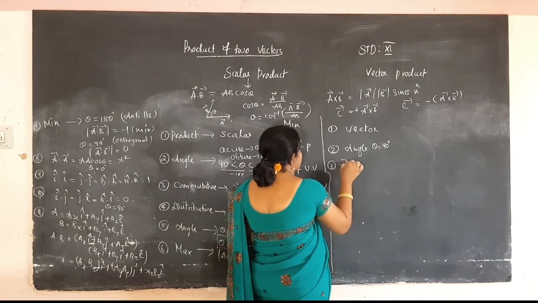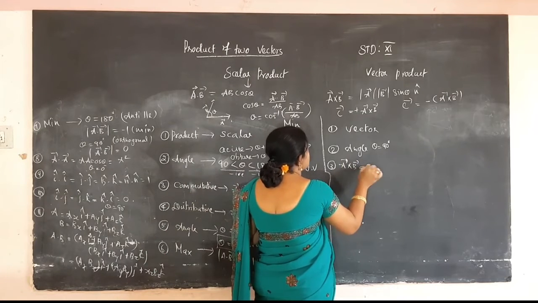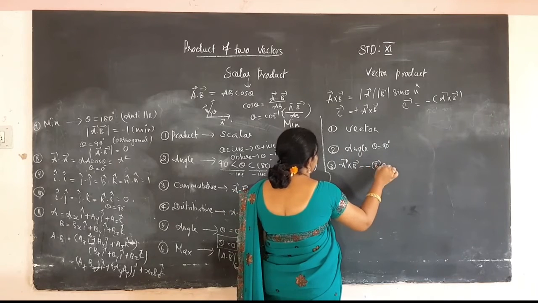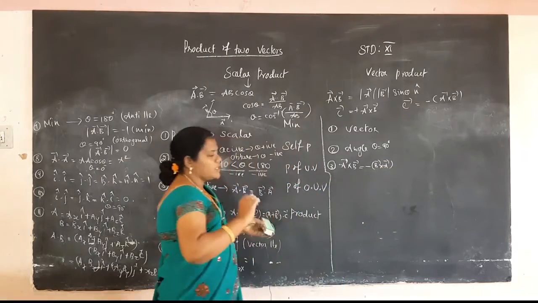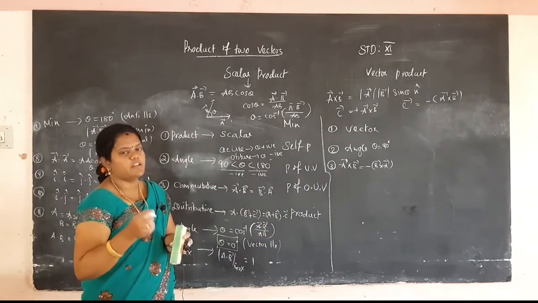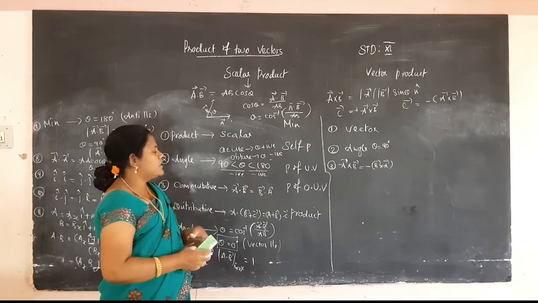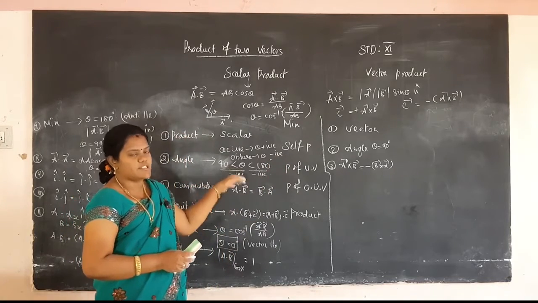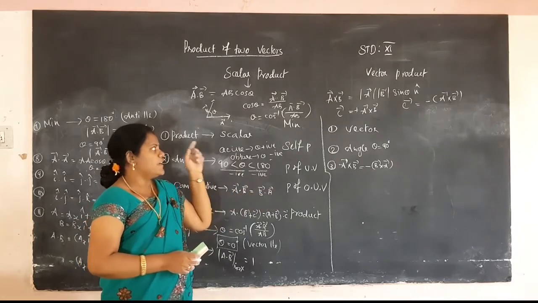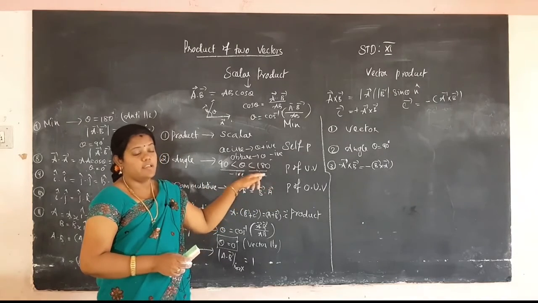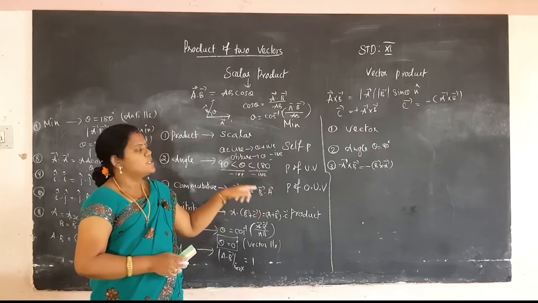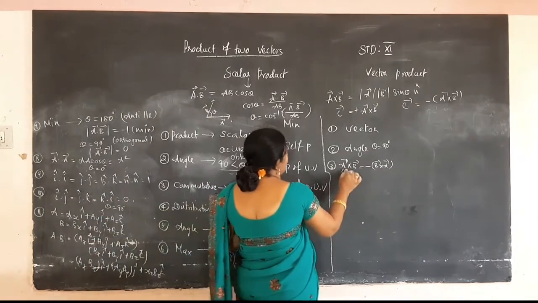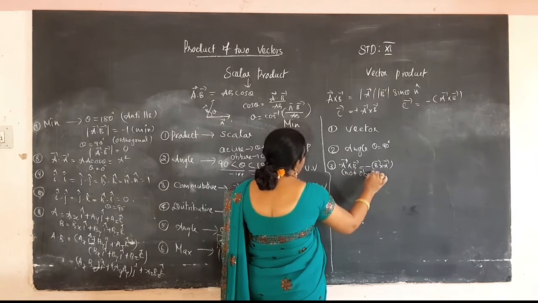A vector cross B vector is equal to minus of B vector cross A vector. The vector product also mentions the direction, so commuting gives the negative. With a scalar you do not denote direction, so it does not invert, but with vectors you denote both magnitude and direction, so it inverts. So A cross B is equal to minus B cross A. It does not obey the commutative law.